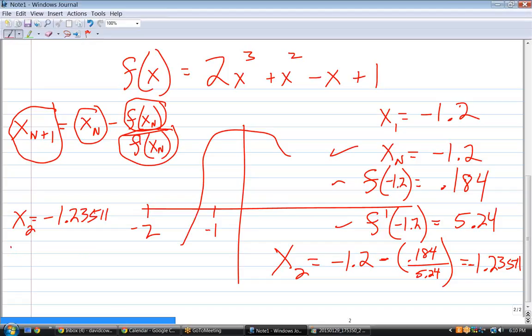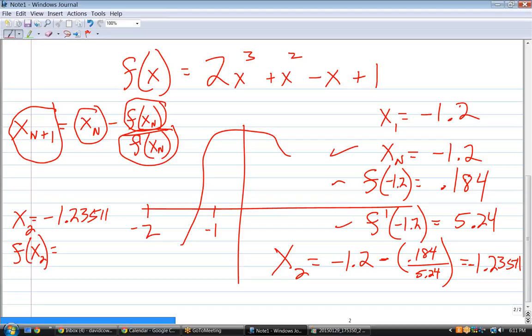So what is x sub 3 going to be? Well, before I get x sub 3, I can only calculate x sub 3 if I know what f of x sub 2 and f prime of x sub 2 is. So let's write those. A table often helps here, but I'm not sure we absolutely need it.